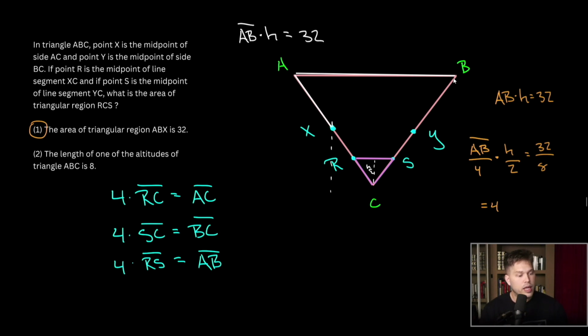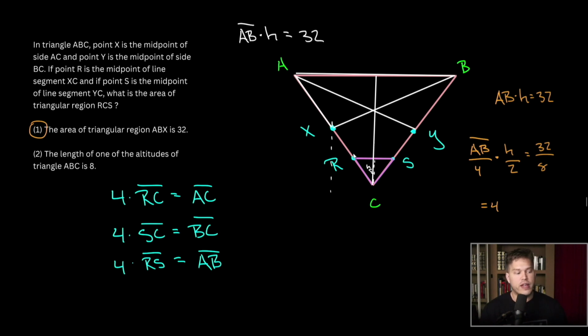Well, we could say BX is an altitude with AC being the base, or we could say that this line here is an altitude, or thirdly, this line here could be an altitude. And all of these could be 8.